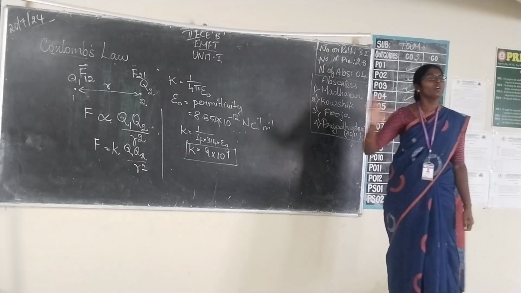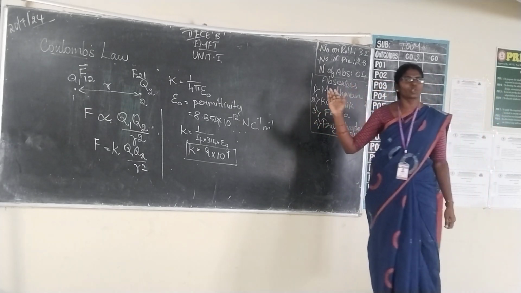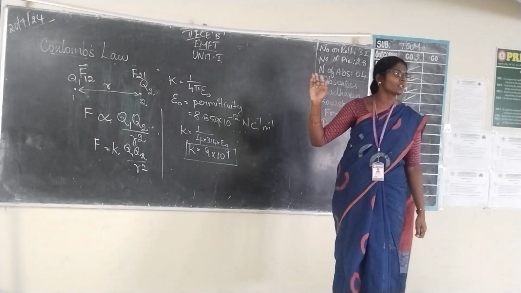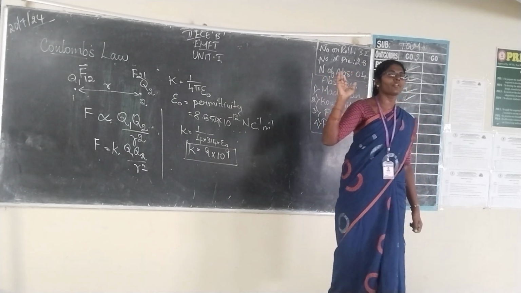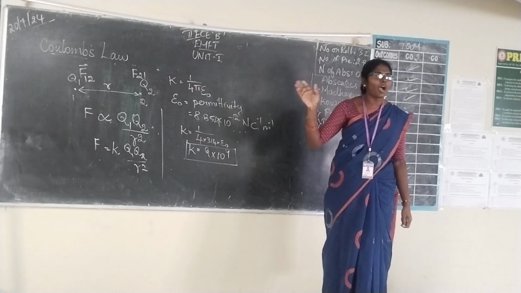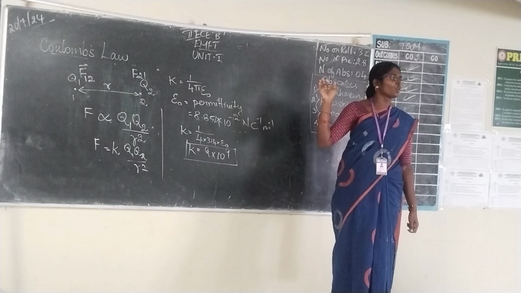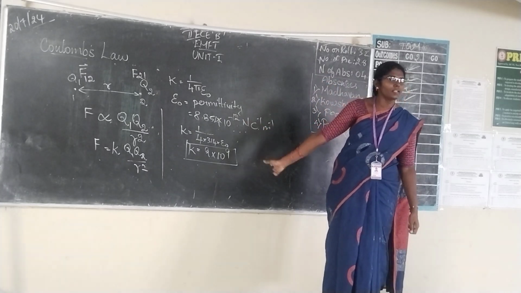Remember, Coulomb's law says that the force experienced by the two points is directly proportional to the product of the two point charges and inversely proportional to the square of the distance between them. So you have to write force F is proportional to Q1 Q2 by R square, where Q1 and Q2 are the point charges and R is the distance.